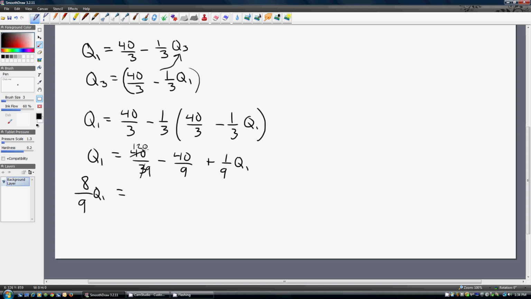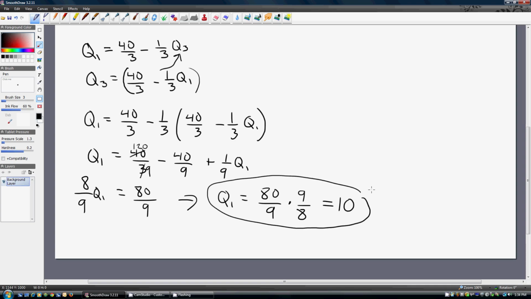Okay, so that leaves us with 80 over 9. 120 divided by 9 minus 40 divided by 9 is just 80 divided by 9. Solving for Q1, that just equals 10. So firm 1 will produce 10 units.